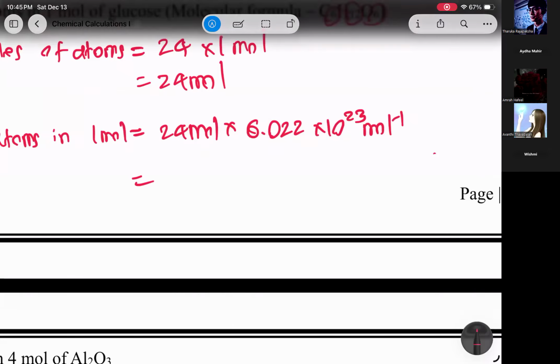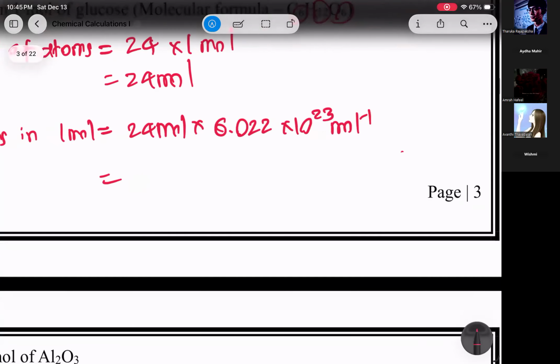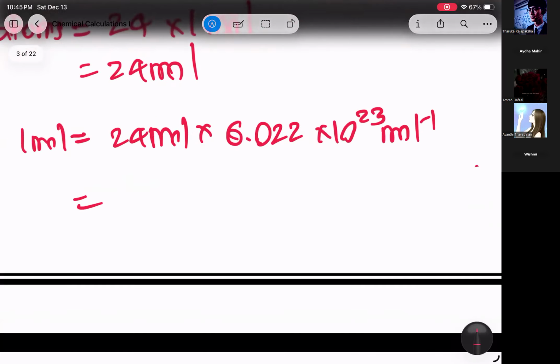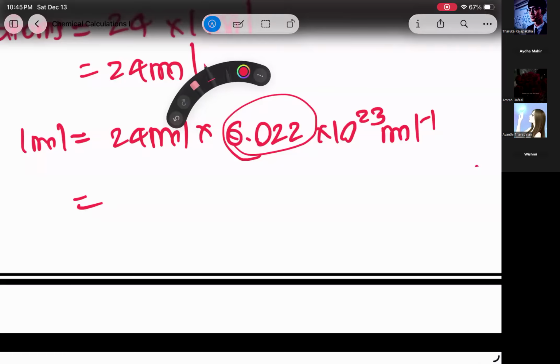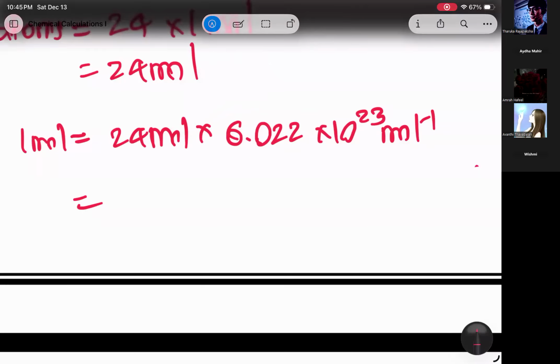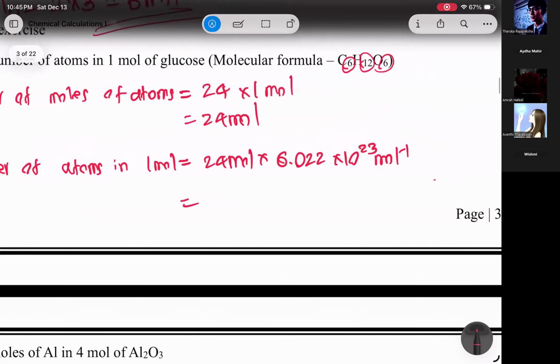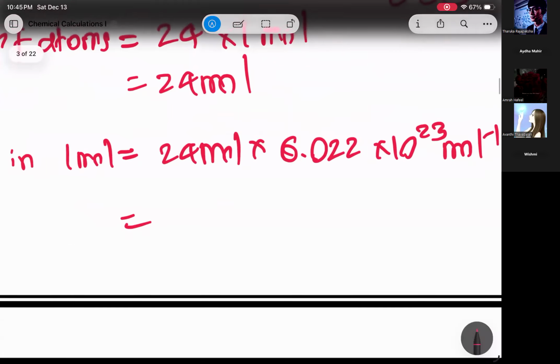24 into 6.022. Now we have to simplify this. I'm not going to use a calculator here. This is a very small value, 6.022, and I can't ignore it.